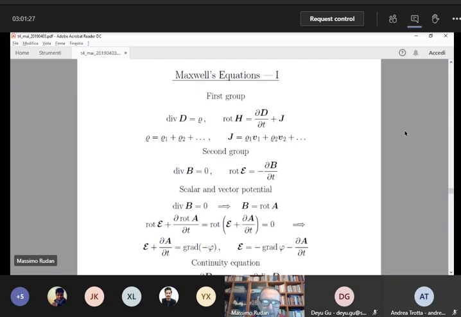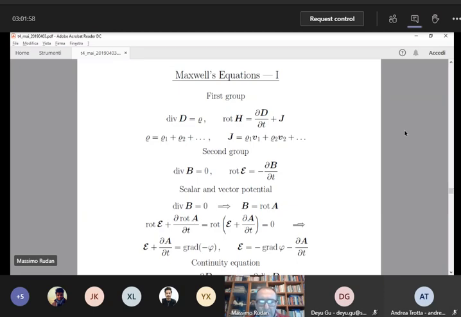Similarly, the current density is the sum of all possible contributions to the current density. In order to provide a contribution to the current density, the charges must be able to move. So, for instance, dopants don't move. So dopants do not contribute to current density, only electrons of the conduction band and holes of the valence band, okay?